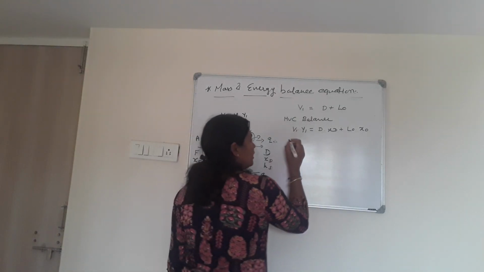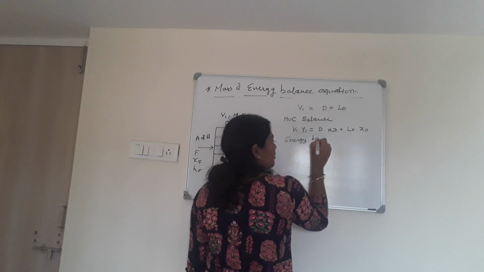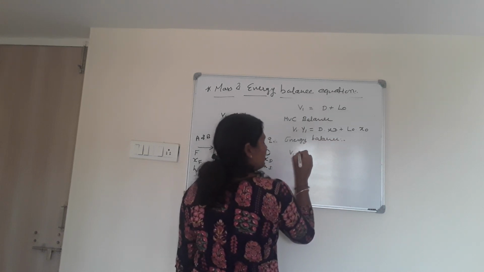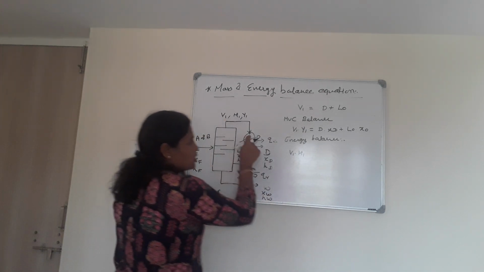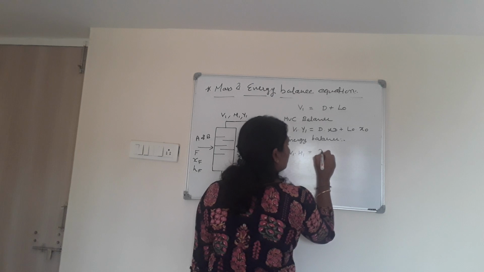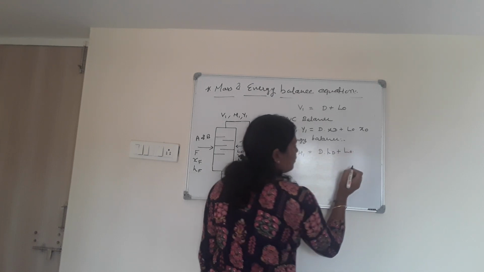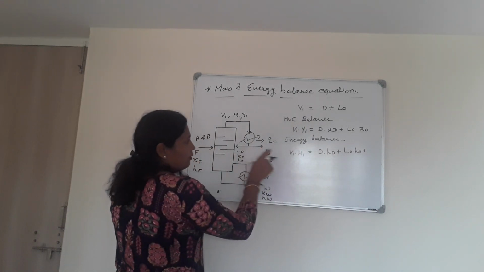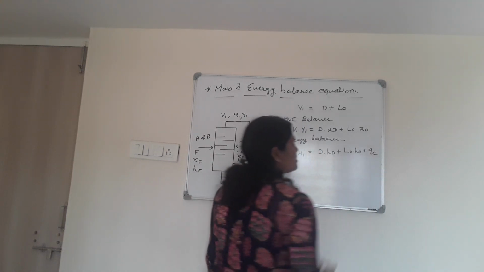Now if we take the energy balance, what is the energy input? V1 into H1, that is equal to D into HD plus L0 into H0 plus the energy out, QC over here, over the condenser.